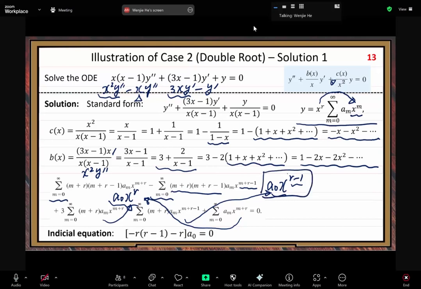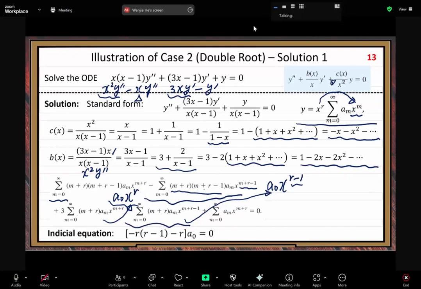If we combine the coefficient for this term, we will get the initial equation. Only these two summations contribute to this term.